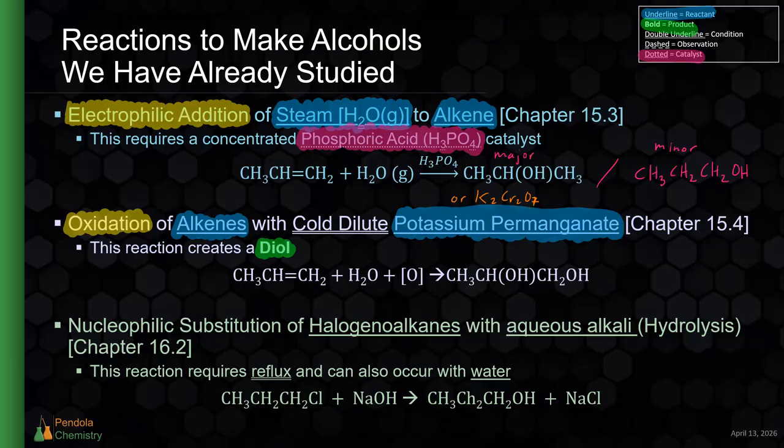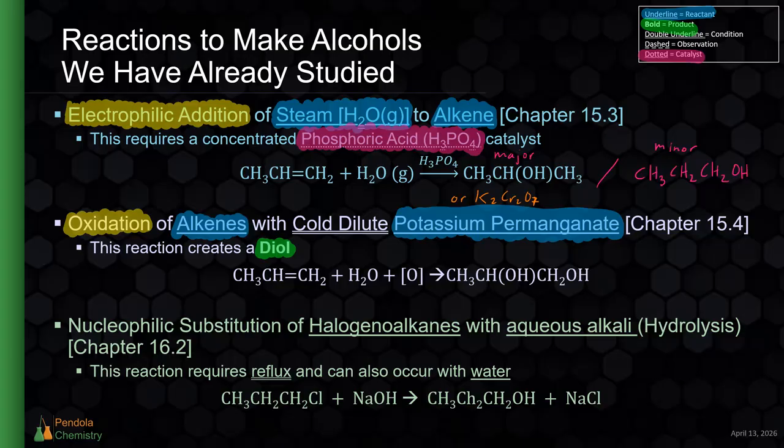Both the potassium dichromate and potassium permanganate reactions would have to have a specific condition to happen. And that condition is going to be the cold and dilute states of our potassium permanganate or potassium dichromate.